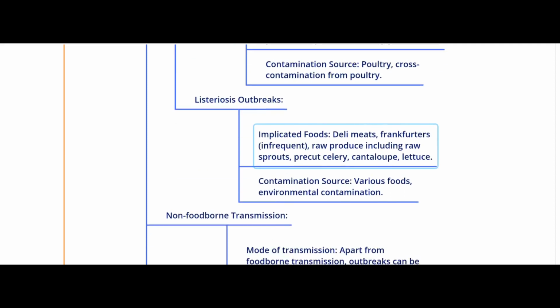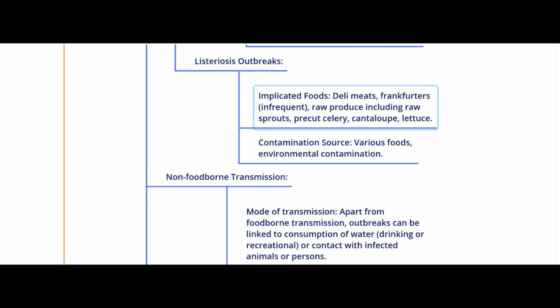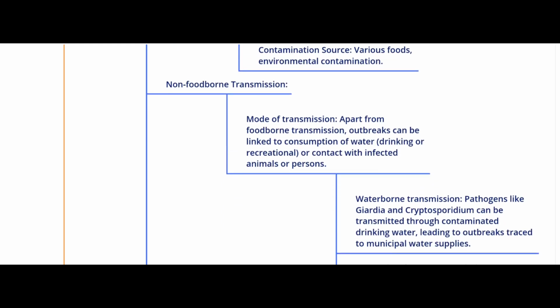If we talk about listeriosis outbreaks, it is usually because of raw sprouts, raw produce, and deli meats, and it is usually environmental contamination. If we talk about non-foodborne transmission, apart from consumption of water, we can have contact with infected animals or persons.